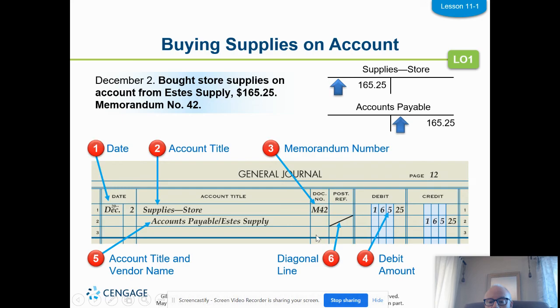And it's being credited. There's our diagonal line. The reason we put a diagonal line in the post reference is because we're going to post that actually twice. We're going to post it to accounts payable. At the same time, we're going to post it to our subsidiary ledger. So we're going to do two different post references in that post reference area. And then finally, of course, we're going to credit that account for 165.